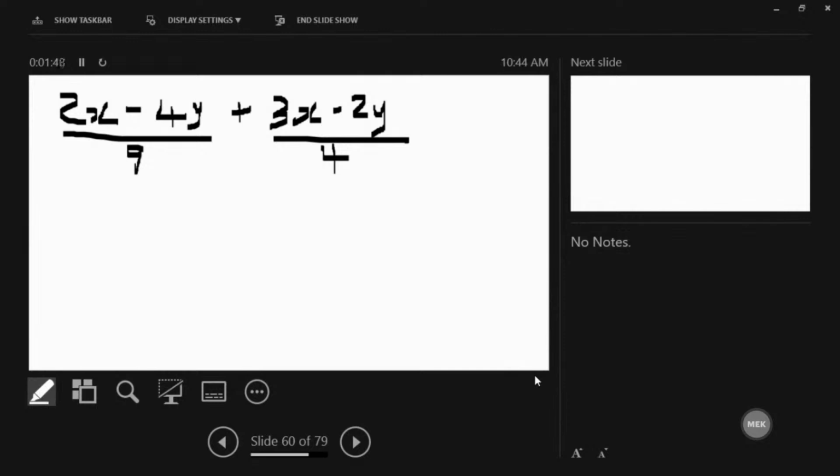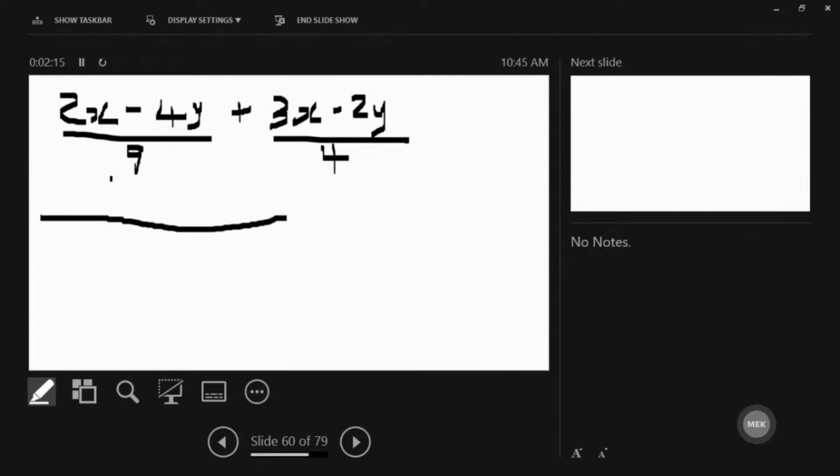Okay, so if you notice now in these fractions, we have one denominator for each one, but in the numerators we have two terms, but it's the same procedure, it's the same principle. So we're going to find our LCM.